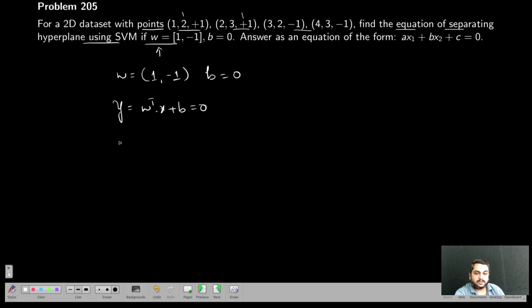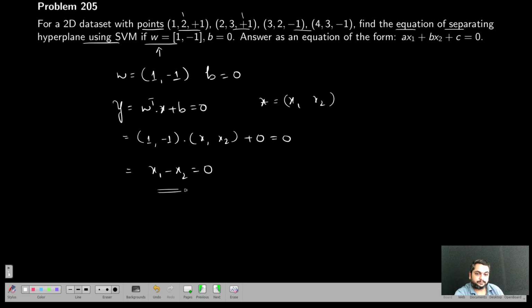For X, let us take X1, X2. So this is 1, minus 1, times X1, X2, plus B equal to 0. So this will be X1 minus X2 is equal to 0. That is the equation for your hyperplane.